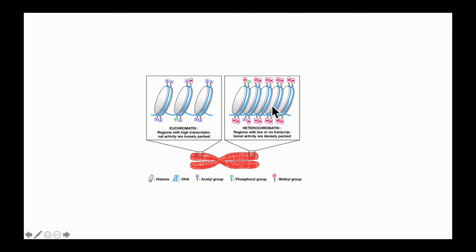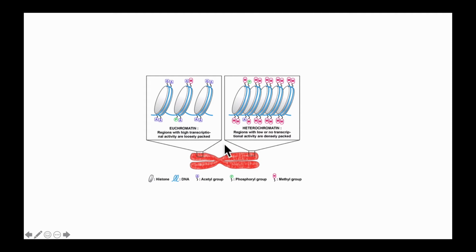So they end up getting packaged much more tightly. So they're much more densely packed. If you look at, remember the linker DNA, we have quite a bit of linker DNA between these two nucleosomes. Compared to over here, it's very short. The other thing that you see in heterochromatin is that the histones are highly methylated compared to euchromatin where they're not.